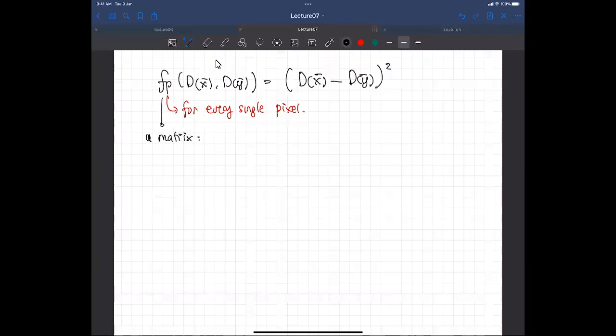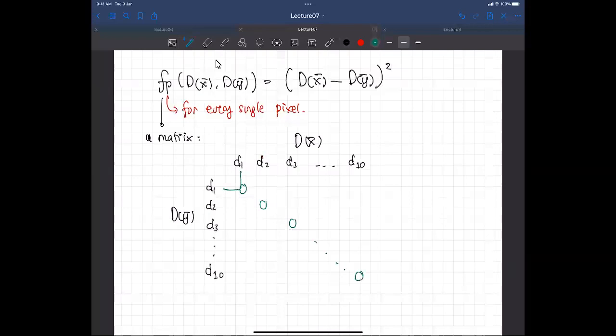A matrix that has this form. You have dx, and then you have dy, two pixels, regardless. Then you have d1, d2, d3 until dmax. Maybe dmax here is 10. And then you have d1, d2, d3 until d10 on the other axis. Each entry is the subtraction of the two, so d1 with d1 is likely to be 0 here.